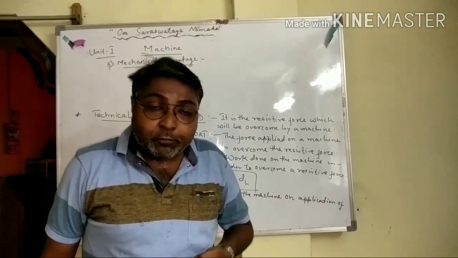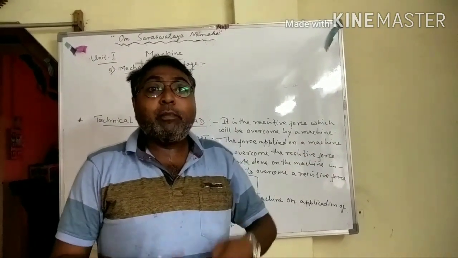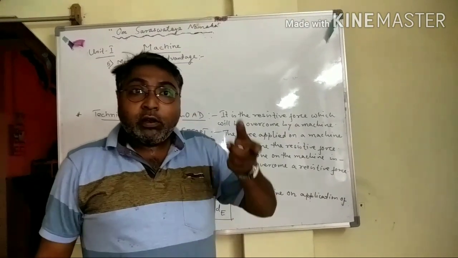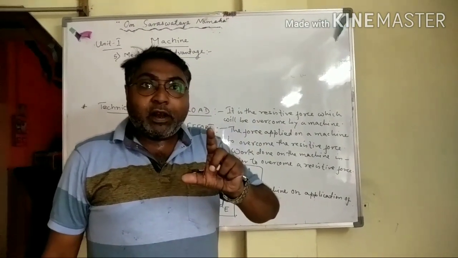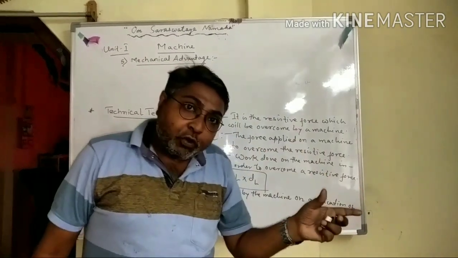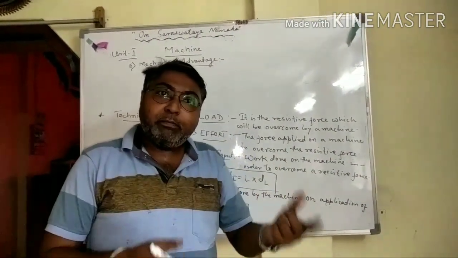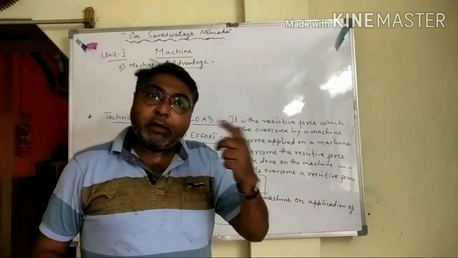Have you applied less effort to lift a load, or have you applied more effort to lift a small load? So the meaning of mechanical advantage is how much effort you have given in order to lift a load. The effort can be small, effort can be big, load can be small, load can be big.